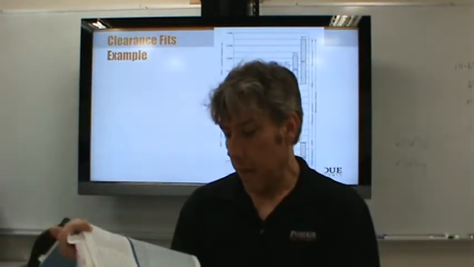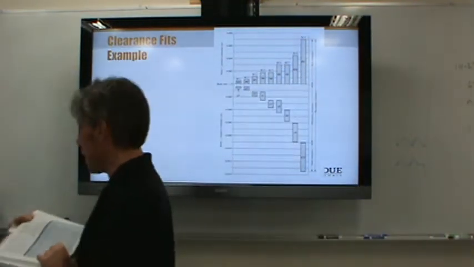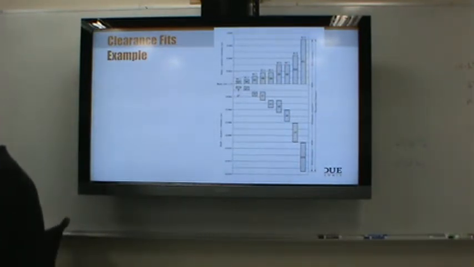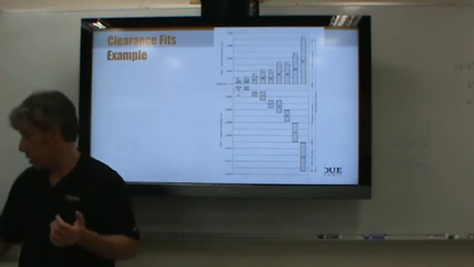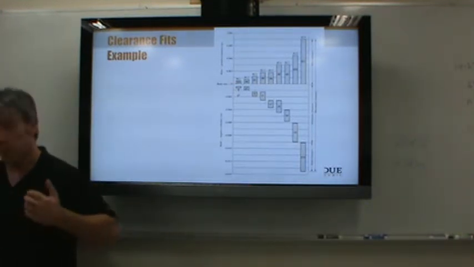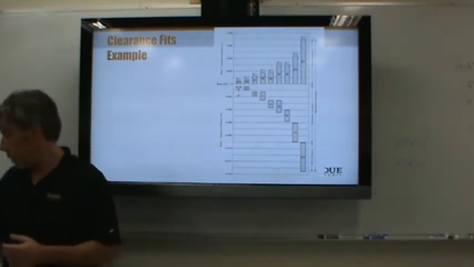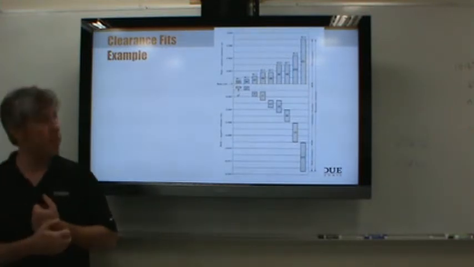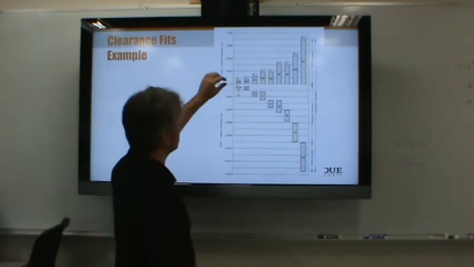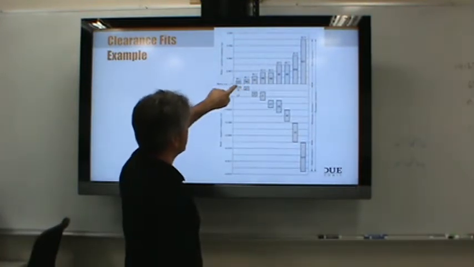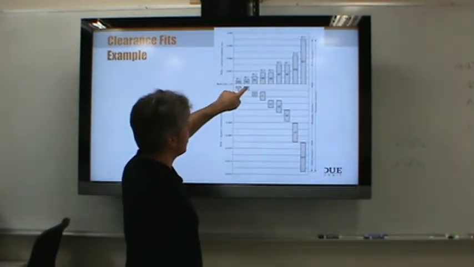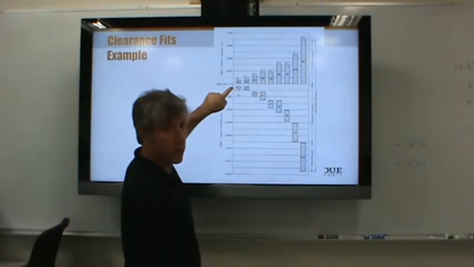Okay. How about the shaft? Well, how about the hole? Well, the hole could take on the basic size. In other words, the hole could be exactly 2 inches because the lower tolerance there is 0 thousandths over. However, the upper tolerance is 0.7 thousandths over. So what that tells us is that this point is at 0.7 thousandths. This is at 0. This point is at what?